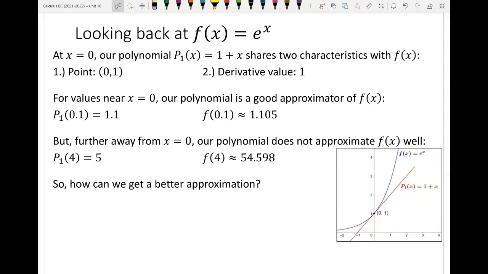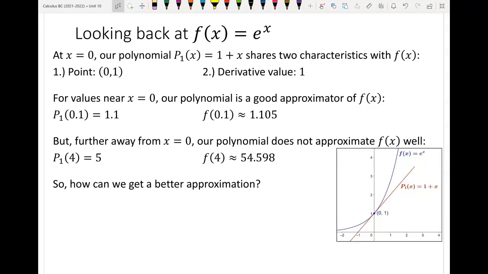Our polynomial spits out 1.1, and the function, if we use our calculator, is 1.105. Pretty close, a pretty good approximation. But the further away from 0, our polynomial does not approximate well. Even just going over to x equals 4, the polynomial gives us 5, whereas the actual function is 54.598. That is definitely no longer a good approximation.